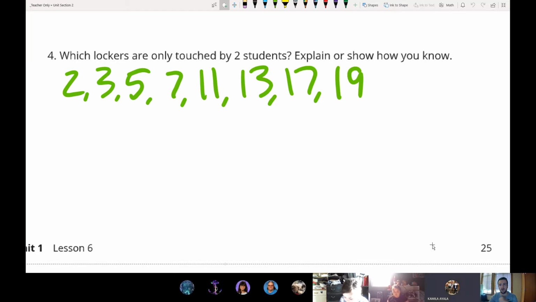Okay, and we can explain or show how we know, but we already kind of discussed that in the previous problem, where we said we looked for the number of dots on each of those lockers, because that's how we kept track of how many times that locker was touched. So 2, 3, 5, 7, 11, 13, 17, 19.